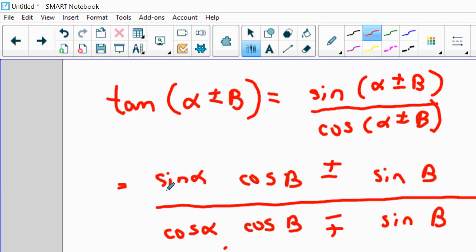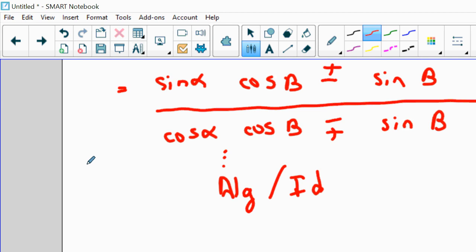Do a whole bunch of algebra, a whole bunch of identity work, just like they show in the book, and you get tangent alpha plus or minus tangent beta over 1 minus or plus tangent alpha tangent beta.